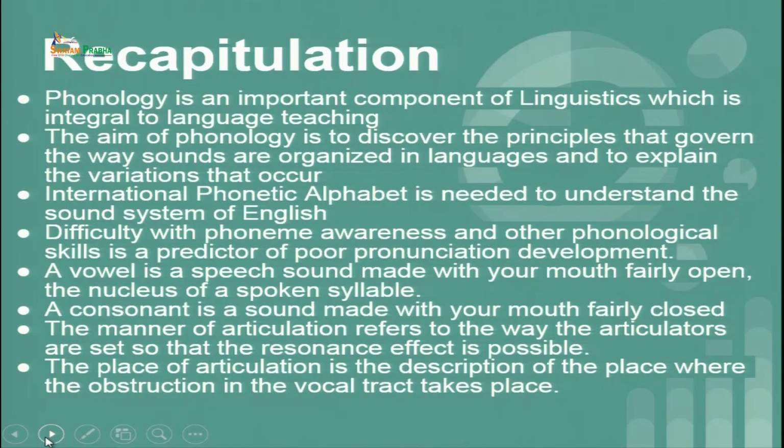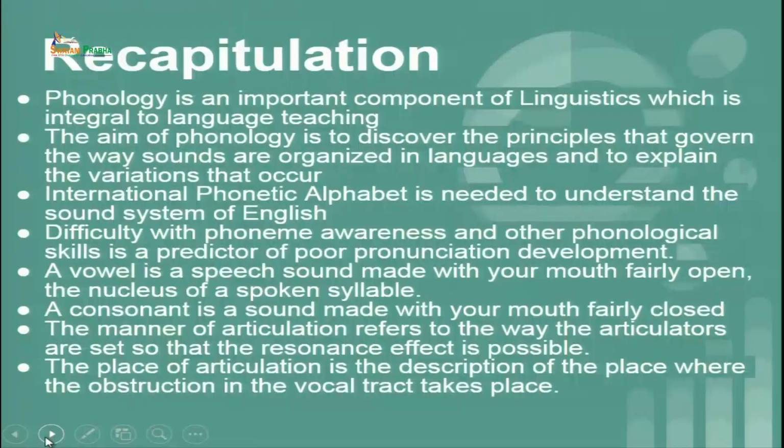In vowels, we understood that the mouth is fairly open when you produce a sound. Similarly, we discussed consonants, which are produced with constrictions. We also identified the manner of articulation and place of articulation with respect to the sounds of the English language.